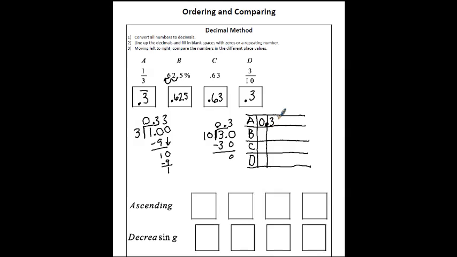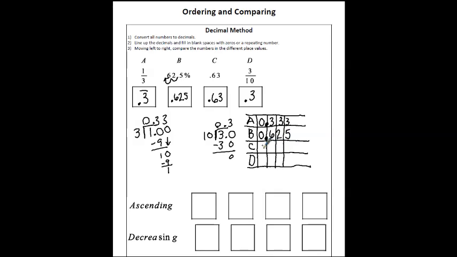So A is 0.3 repeating. So that 3 is actually going to repeat forever and ever. I'm just going to write 3 of those repeating digits and see if that's enough. B is 0.625.